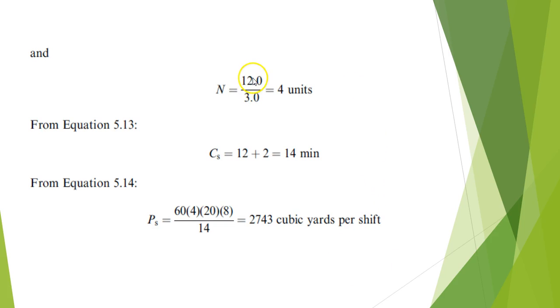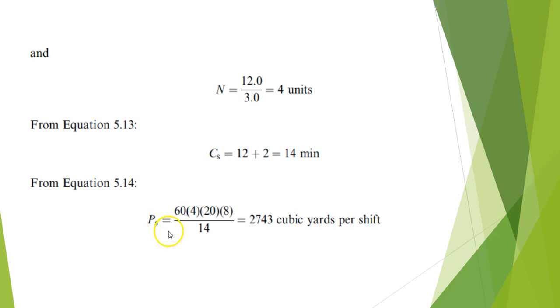And if we know the total cycle time, 12 minutes, and the loading time, 3 minutes, it tells us that the optimal number of units is 4. So then we're going to be able to calculate Cs, C sub S, which is 12 minutes plus 2, which is the waste time, that gets 14 minutes.